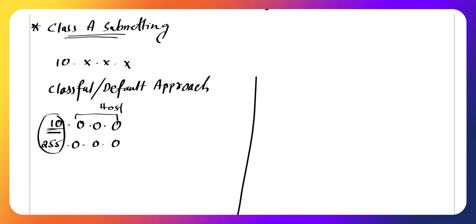We will not use the formula 2 power n here, because 2 power n is used in the default approach to find out the number of networks in a class, and 10 is already a single network, so we don't need to find the number of networks. Here this is the host part. How many bits are host bits? 24.